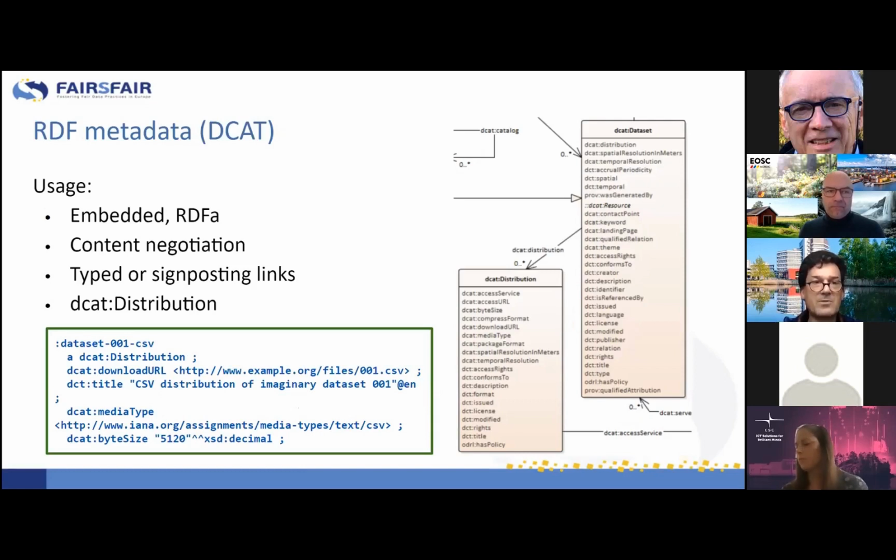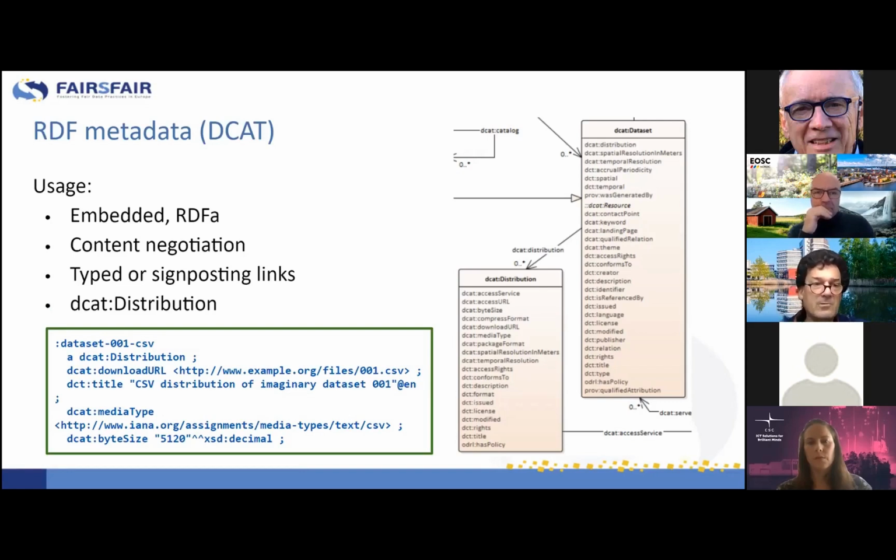It can be used in several ways. You can embed DCAT as RDFa microdata within the content of your web page, or you can offer, and this is most frequently done, offer this using content negotiation, or you can indicate a link here, of course, to this metadata using the typed links or signposting links I mentioned before.